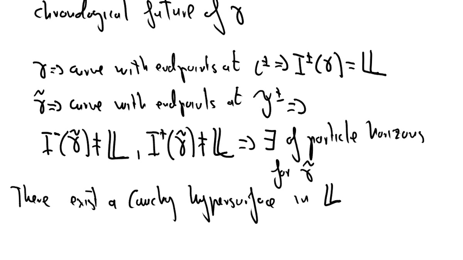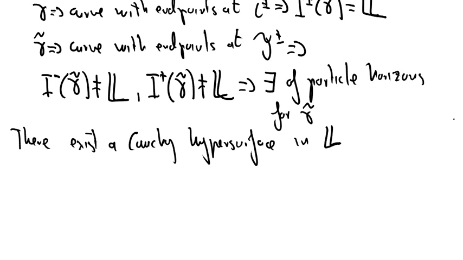And when we have a spacetime which has a Cauchy hypersurface, then this spacetime is called globally hyperbolic.